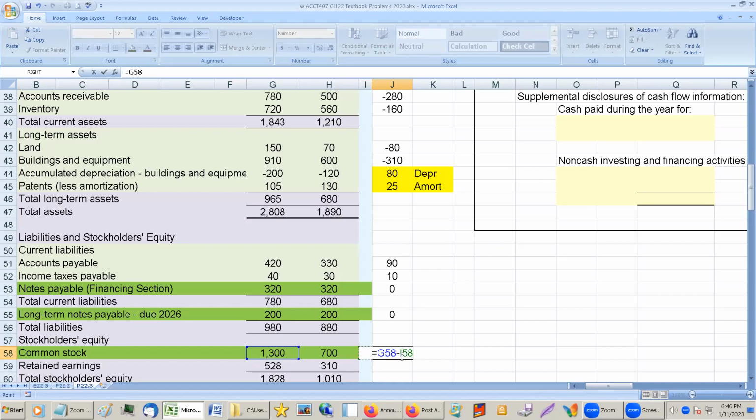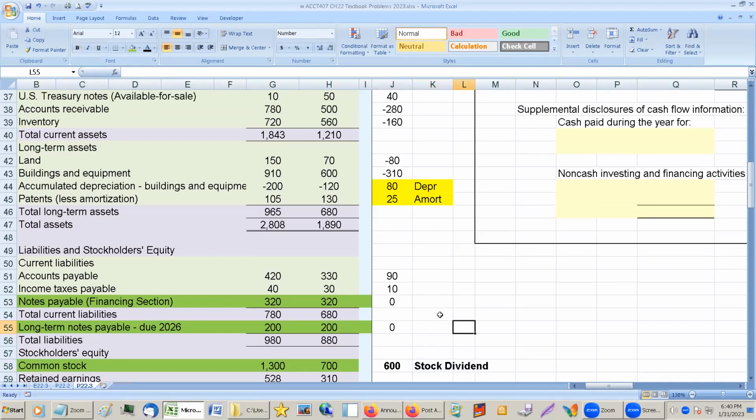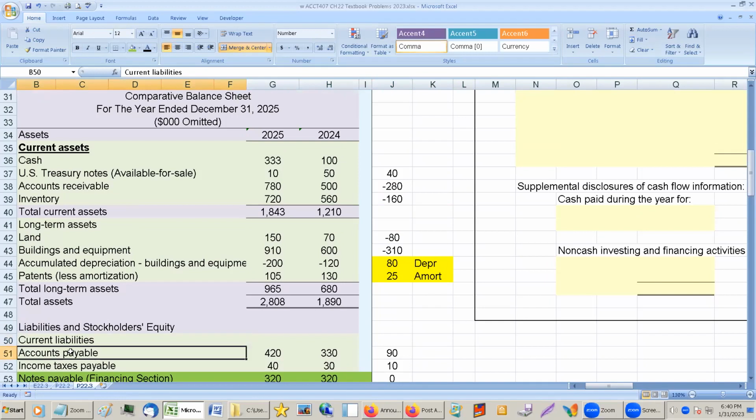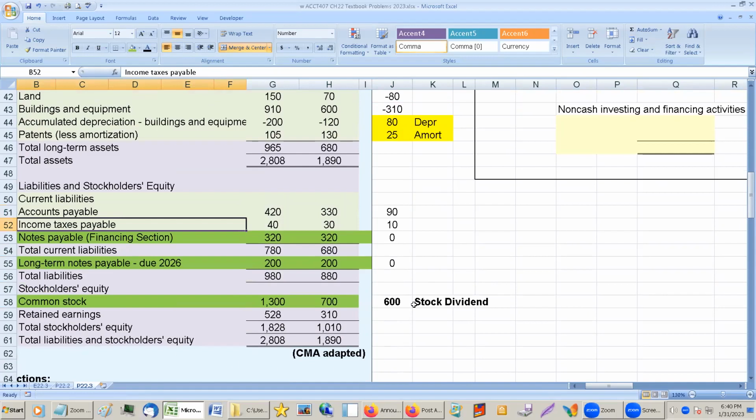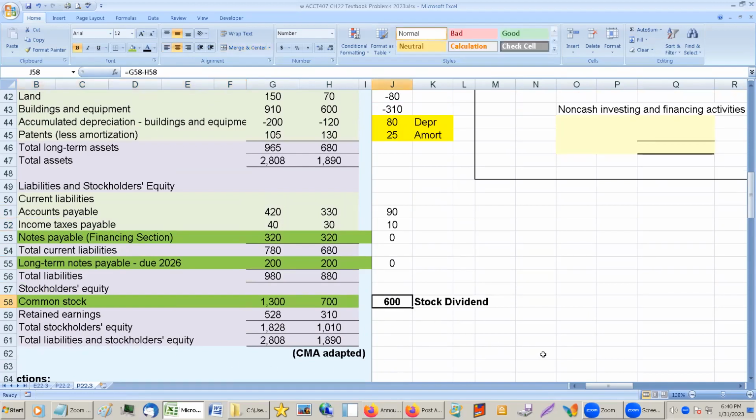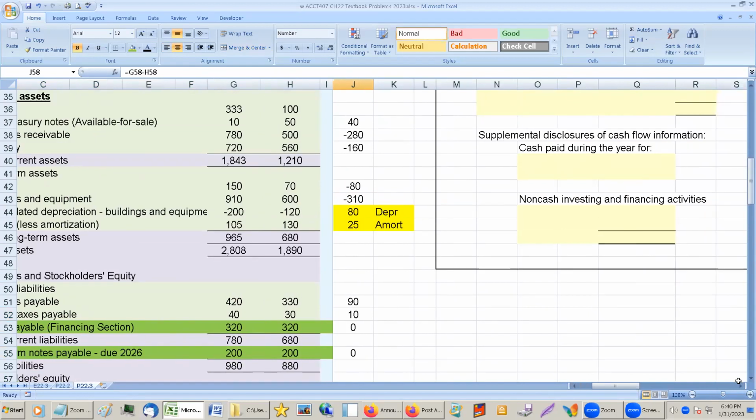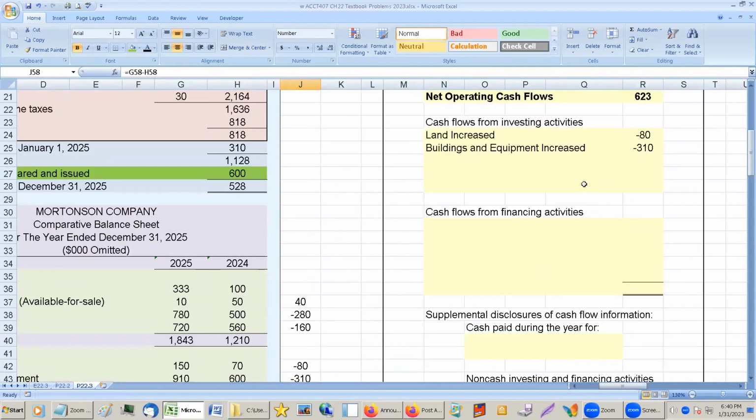Common stock has increased by 600, but that was them giving out the dividends of 600, the stock dividend. So I don't think we have anything in that section. Nothing in that section. Kind of weird. Usually there's dividends, but these are stock dividends, so that's not going to be in there.